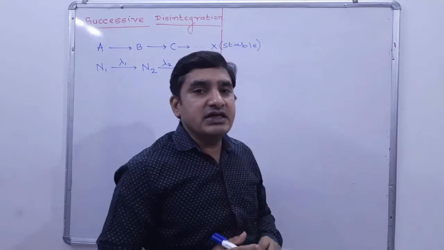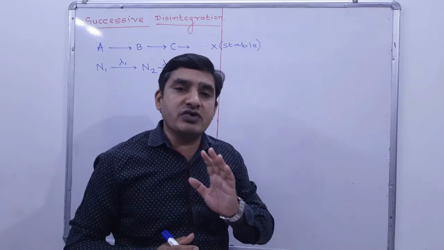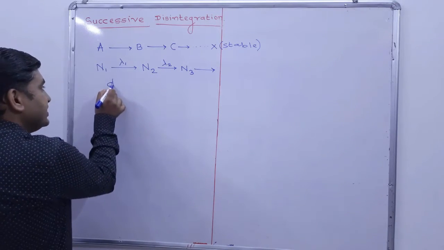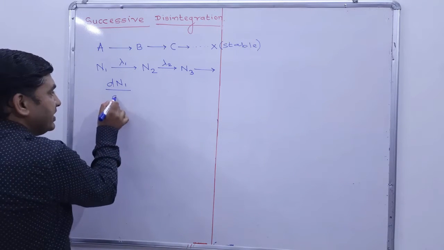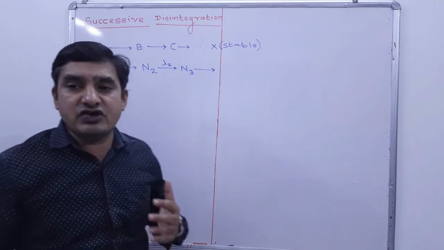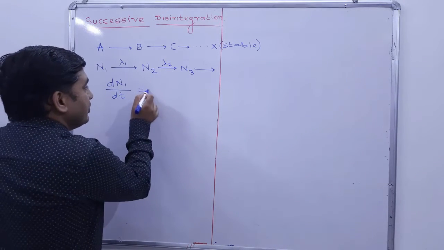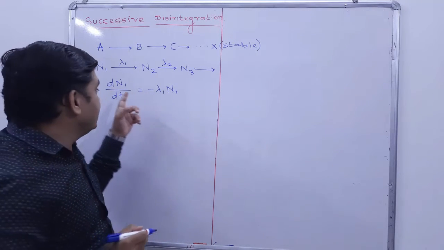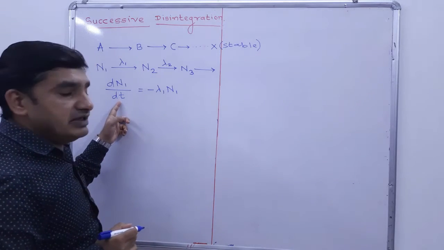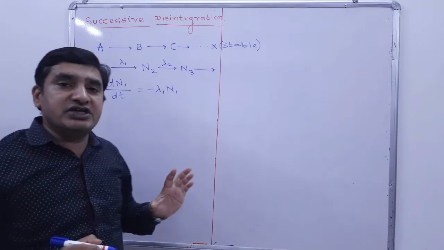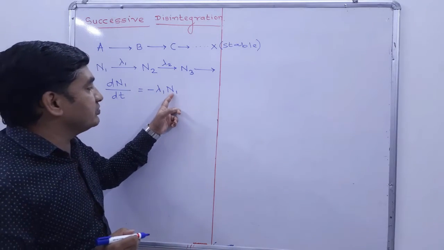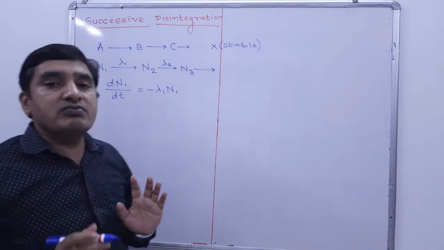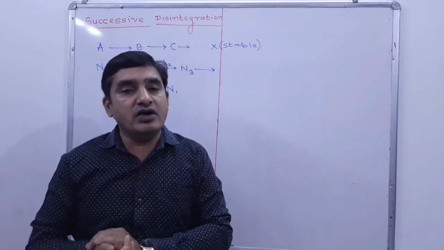If we consider the parent atom, which is the original radioactive atom, the rate of disintegration of the parent can be represented as dN1 divided by dt, which is equal to minus lambda 1 into N1, because dN1 by dt is directly proportional to the number of radioactive nuclei present at that instant.